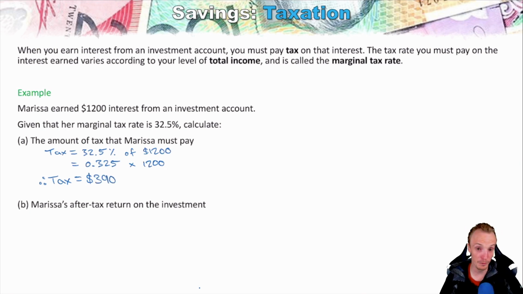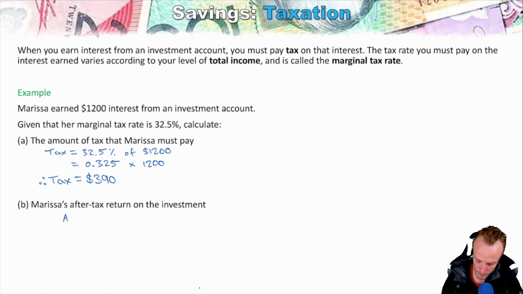Now, something you're going to frequently be asked is, what is your after-tax return on the investment? What this is essentially saying is, effectively, how much did Marissa earn, not pay? How much did she earn? So she earned $1,200 interest before tax. Her after-tax return is going to be that $1,200 subtract away how much she had to pay in tax.